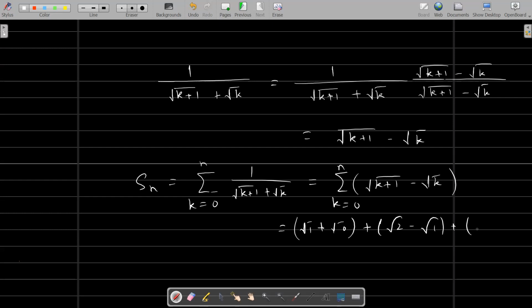Put next k equal to 2, it's root 3 minus root 2, and so on. And now you see, alternately, the terms keep cancelling. We get plus minus terms. Root 1 minus root 1, then root 2 minus root 2, then root 3 minus root 3, and so on. Such a sum is called a telescopic sum. You get alternating plus minus plus minus.